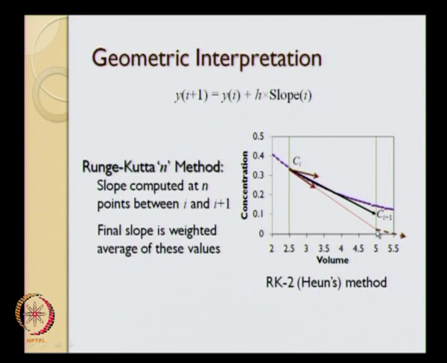So this is the projection, we compute the slope over here, the slope is shown by this particular dotted line. The slope of this line and the slope of this particular arrow are the same, and the average of these two slopes is the actual slope shown by this black line. We use this slope in order to get Ci plus 1 in Heun's method.